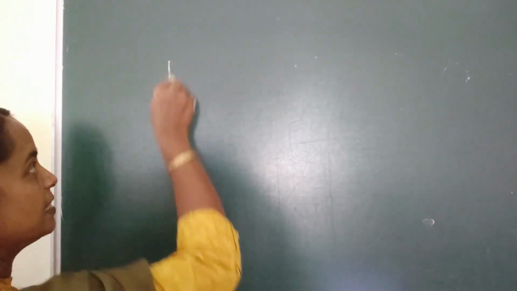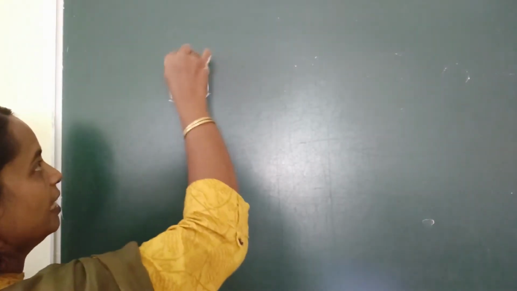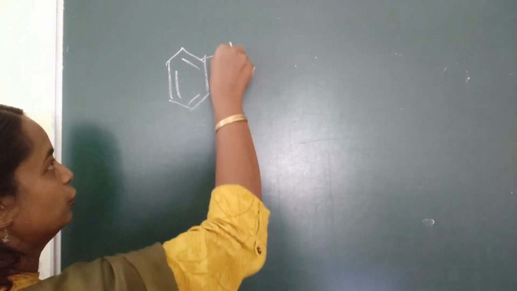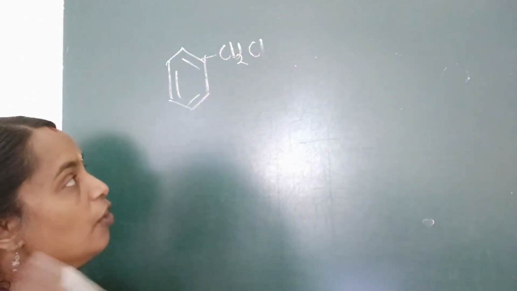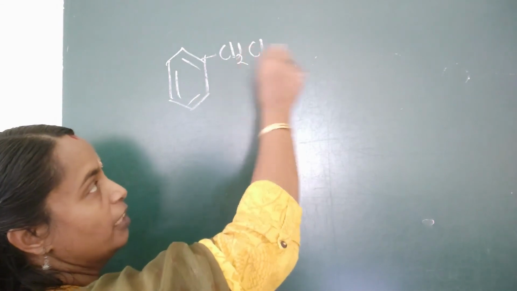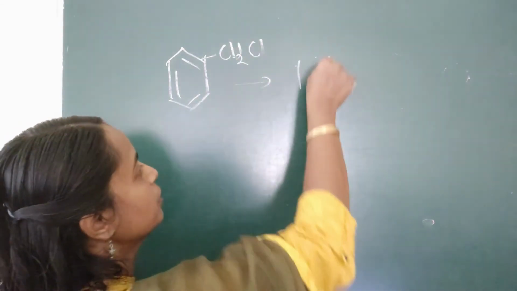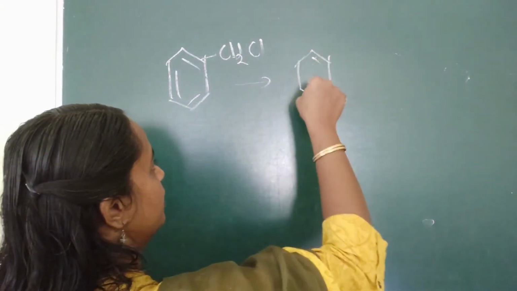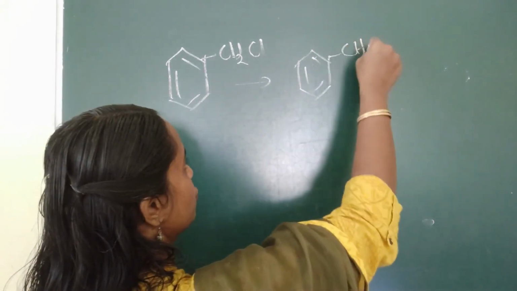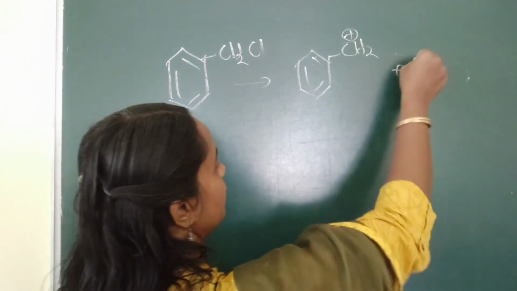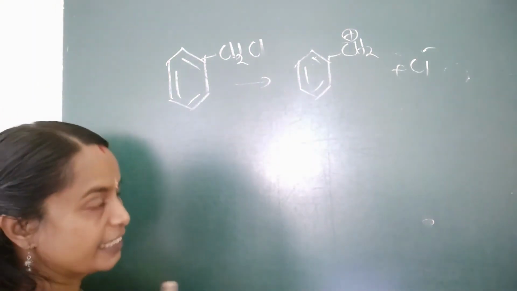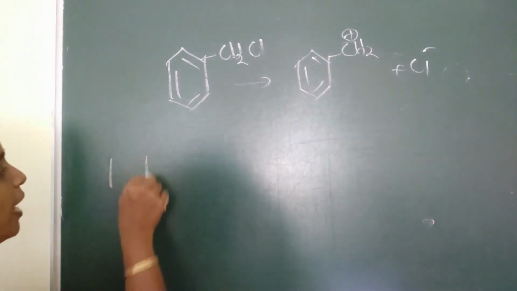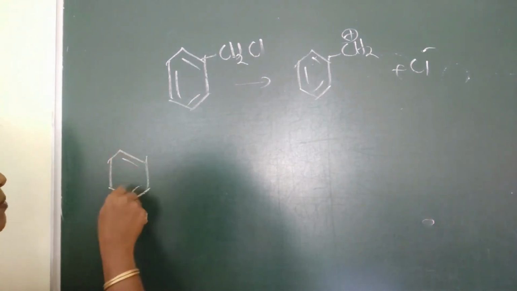In the case of benzylic halides also, the carbon-chlorine bond first breaks and forms a carbocationic site, CH2 with a positive charge, with the chloride leaving.